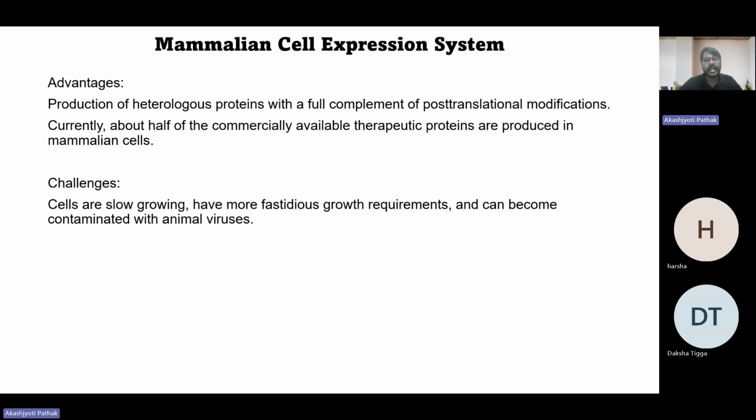Now there is the mammalian cell expression system. When will it be used? If you need to produce a heterologous protein with a full complement of post-translational modifications.